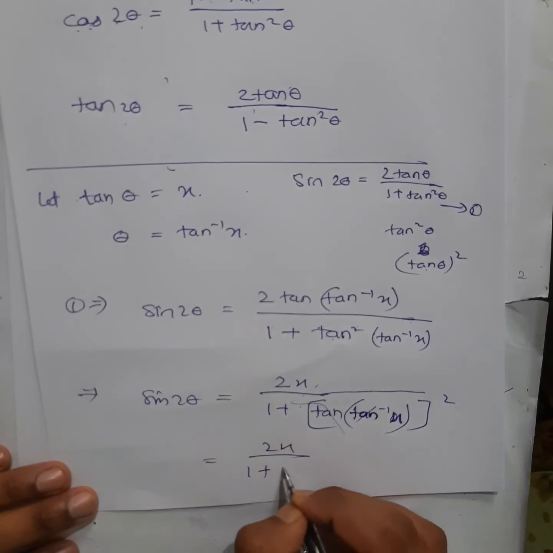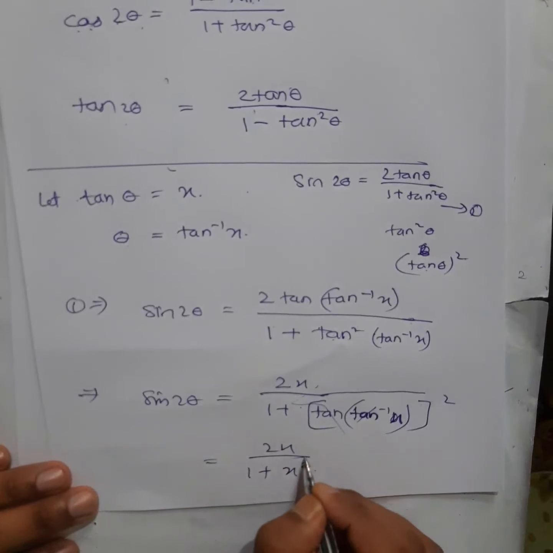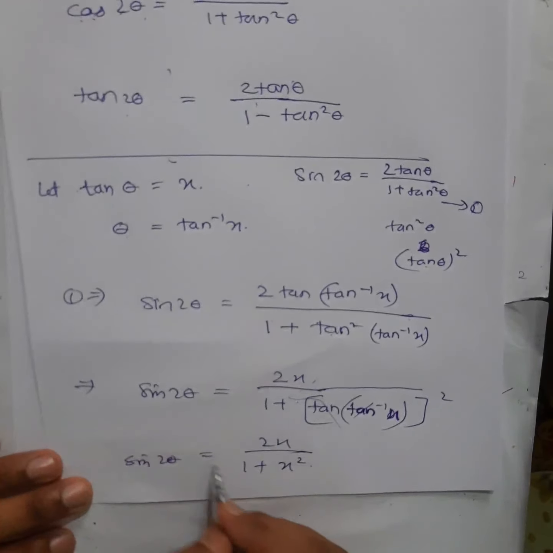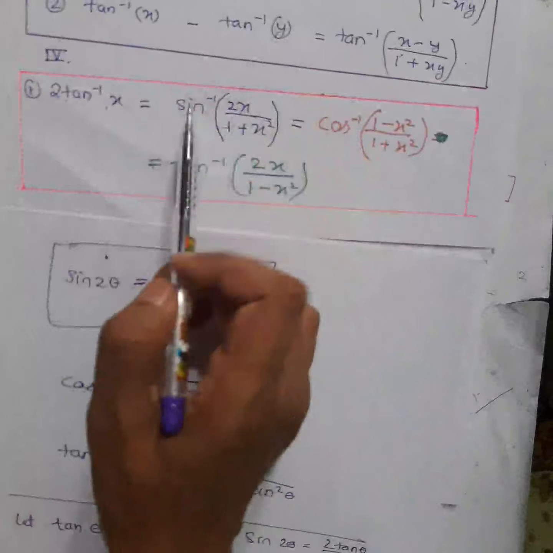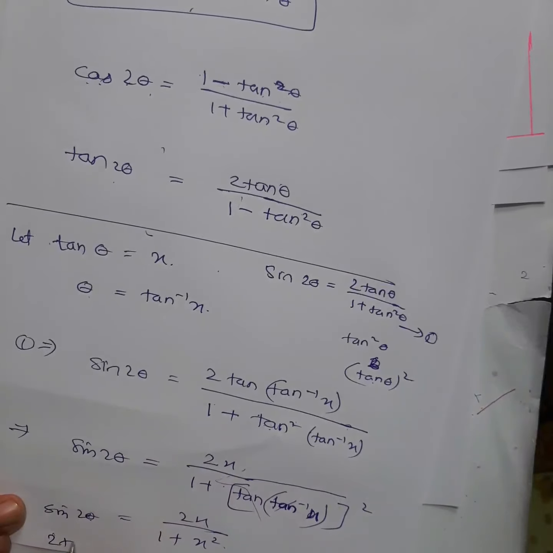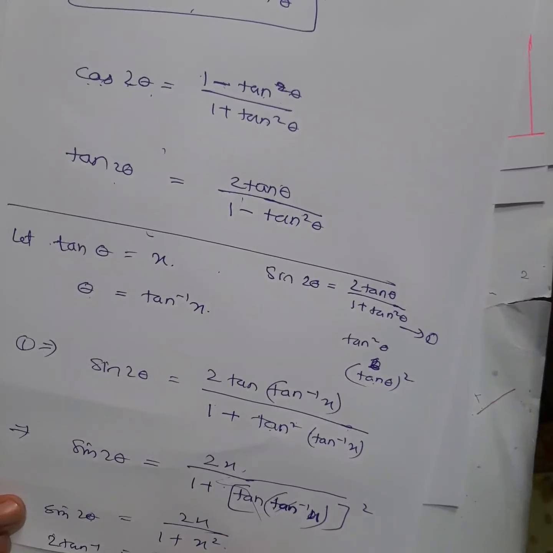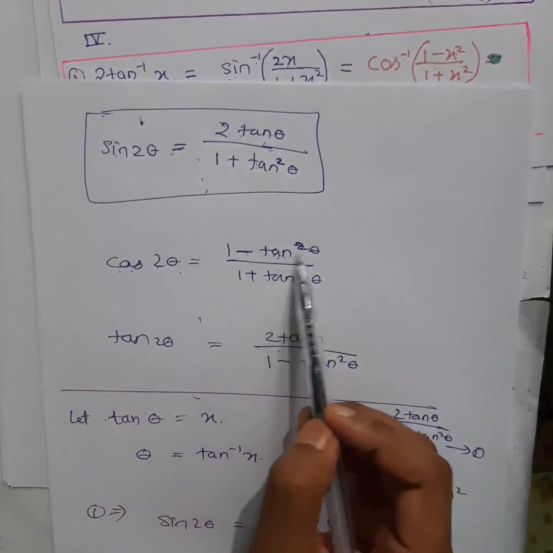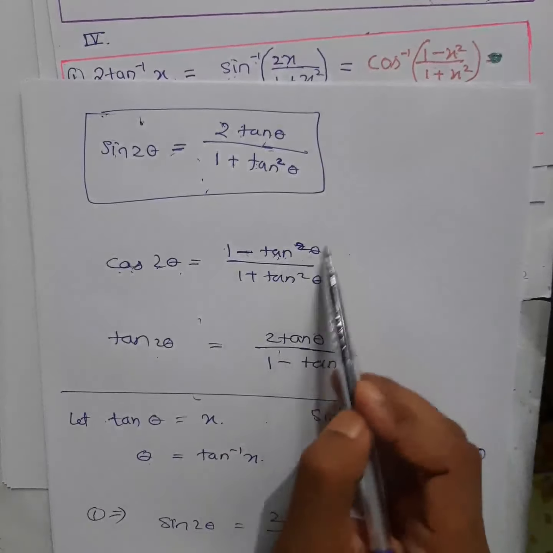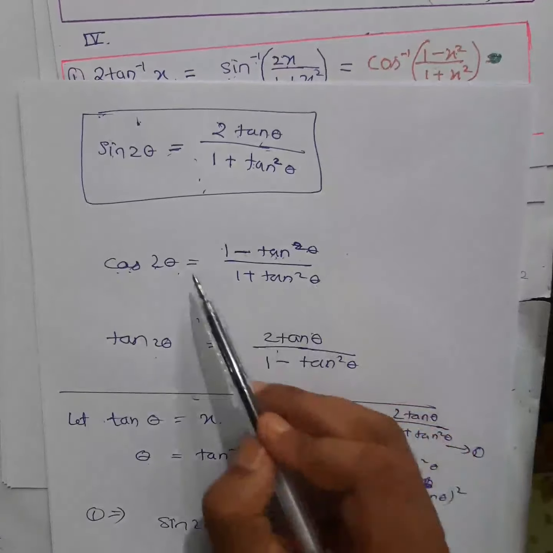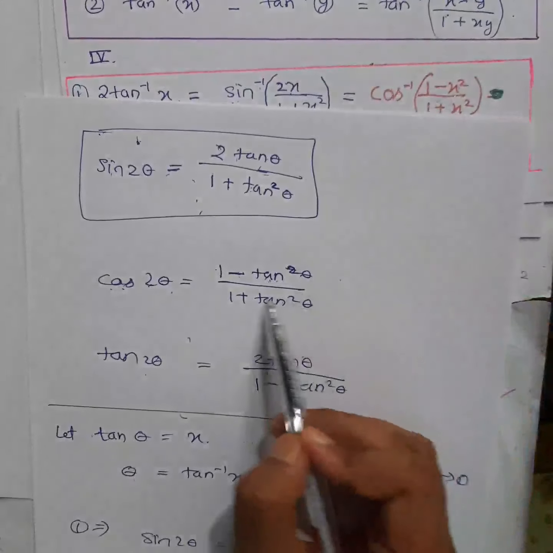So you get 1 plus x square. Sine 2 theta equals 2x over 1 plus x square. Now bring the sine to that side, sine inverse, so you get sine inverse of 2x by 1 plus x square. In place of theta put tan inverse, so you get 2 tan inverse x is equal to sine inverse of 2x by 1 plus x square. Same way here also, in place of theta you put tan inverse, you will get 1 minus x square over 1 plus x square, cos brought to this side, so cos inverse of 1 minus x square by 1 plus x square.